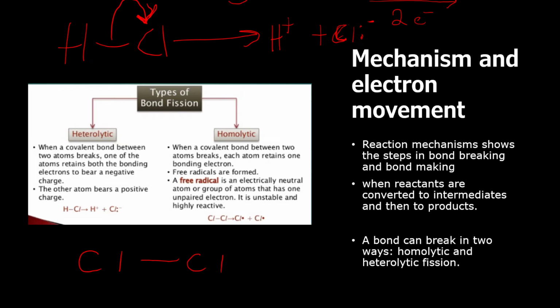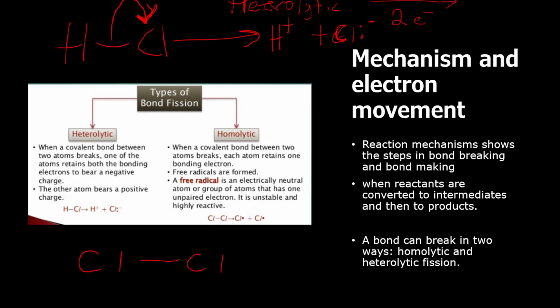I forgot to write that down. Lytic, to lyse, means to cleave, which means to break, which means to cut. Hetero means that one gains all the electrons and the other remains deficient. Heterolytic.